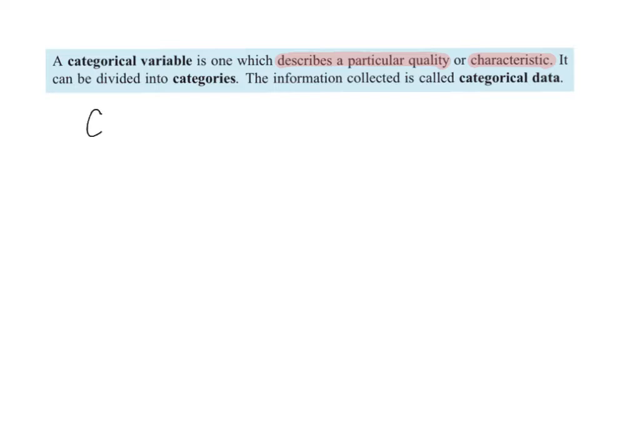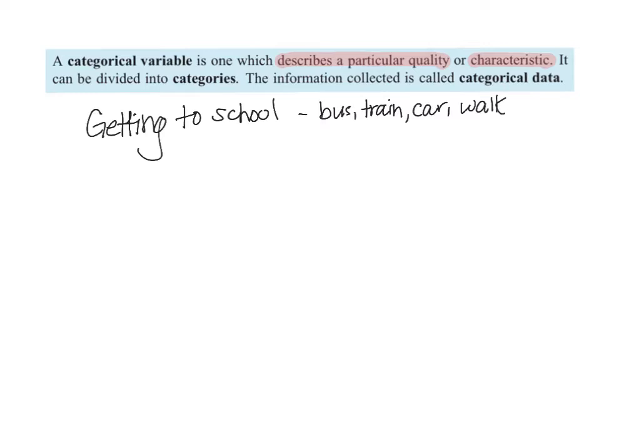If we think about getting to school, or modes of transportation, well, in a city you might think about a bus or a train or a car, or maybe you walk or take your bike. These would be different categories: bus, train, car, walk. These are all the different categories of modes of getting to school.